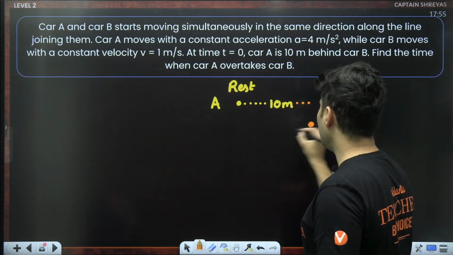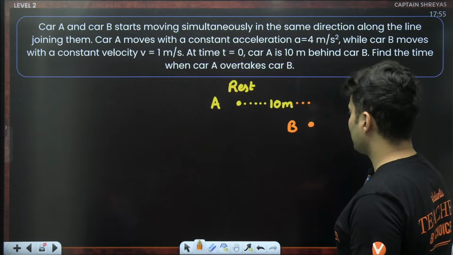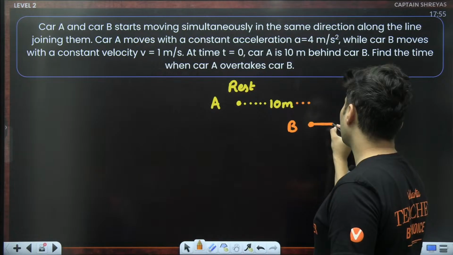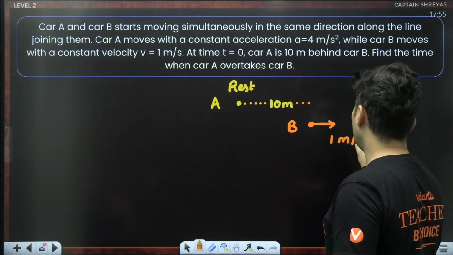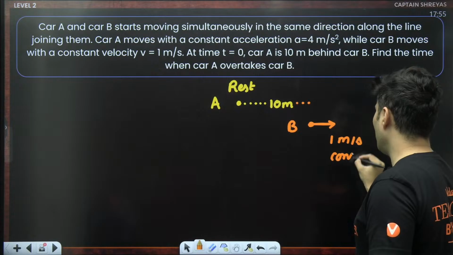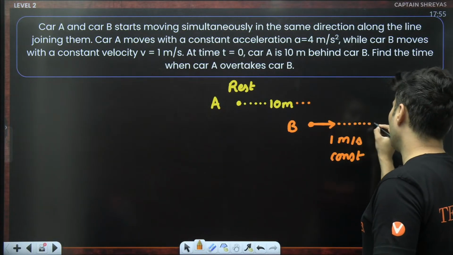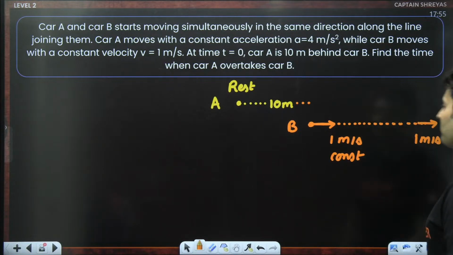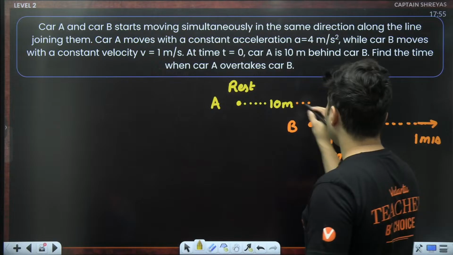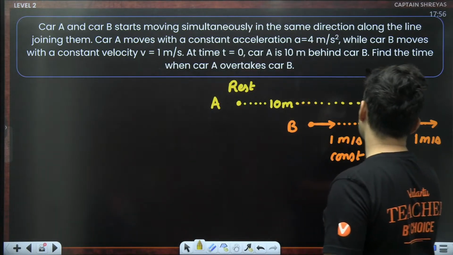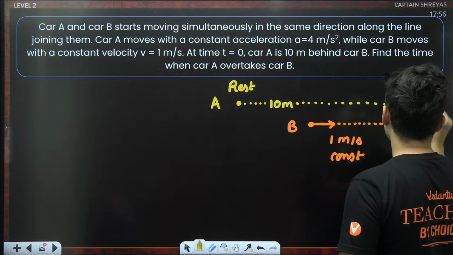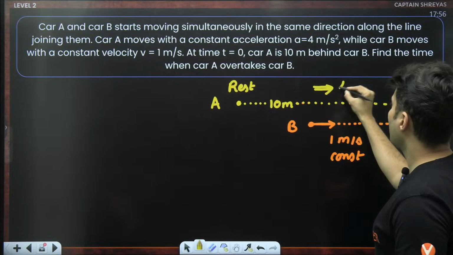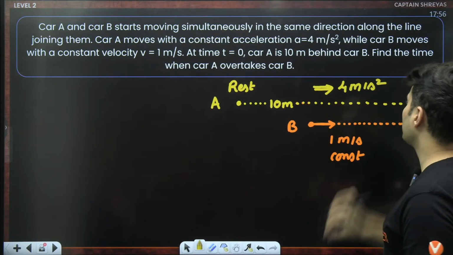Car B is moving with a constant velocity of 1 meter per second, and this is given to be constant. It keeps on moving with that same velocity, whereas car A has some acceleration and eventually it will catch up somewhere, maybe it overtakes. How much is the acceleration? 4 meters per second square.